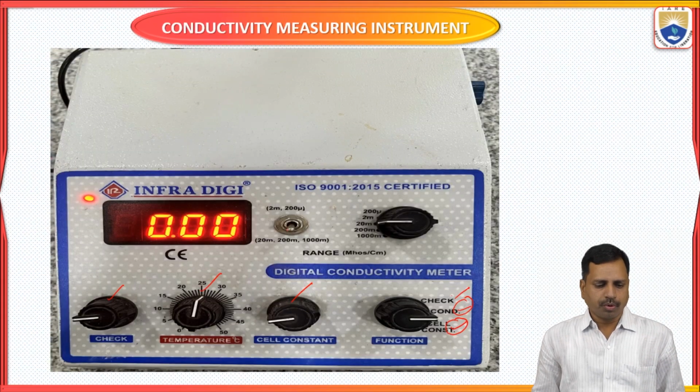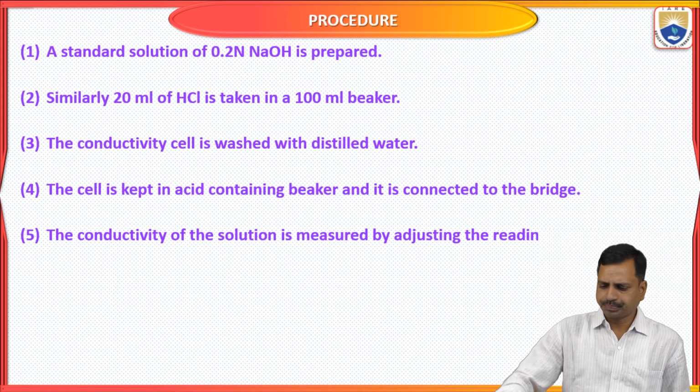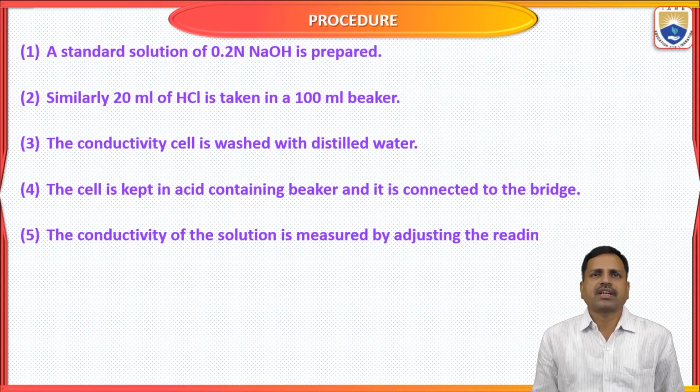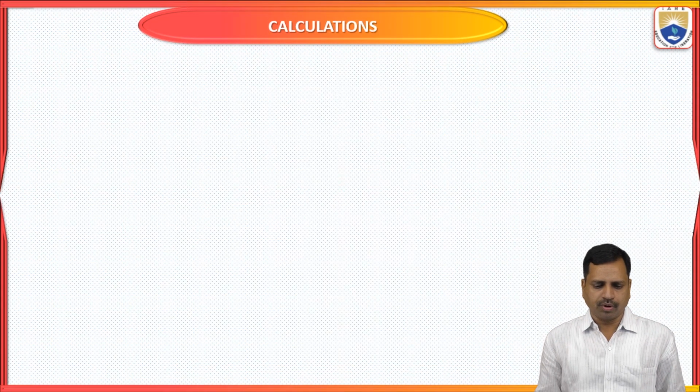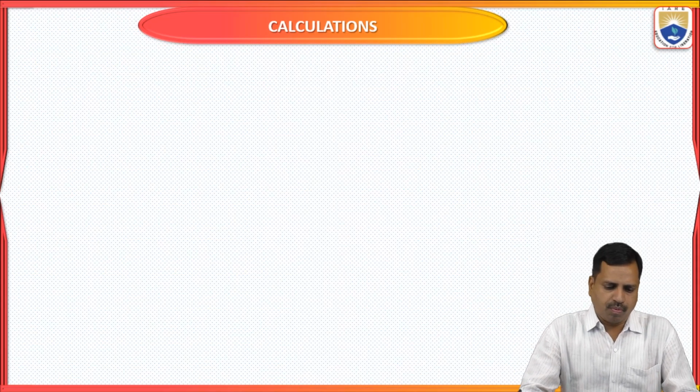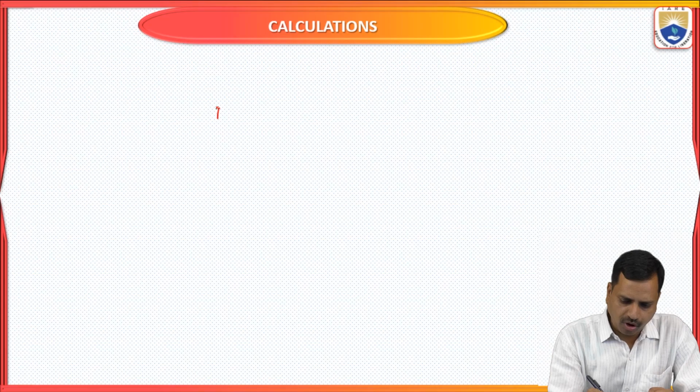Okay. So what is the procedure? First, a standard solution of 0.2 normal NaOH is prepared. How to prepare 0.2 normal NaOH? What is the formula of normality?